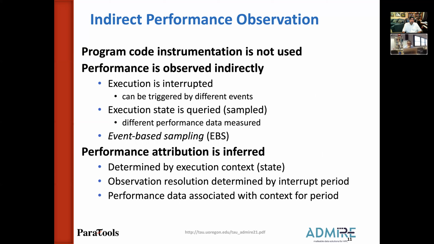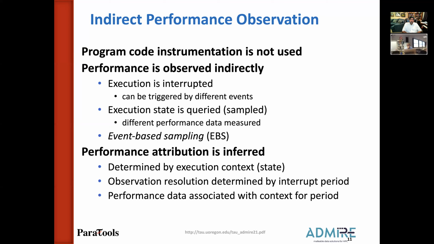We also have indirect performance measurement where the instrumentation code is not added explicitly, where the execution of the program is interrupted periodically, and we query the state of the program. This is called event-based sampling, where a periodic interrupt, whether it is from a hardware performance counter or a timer, interrupts your process and then queries the state in the form of a program counter and then correlates it to the source line number and the location, such as a function name, the file name, source line number, and so on.